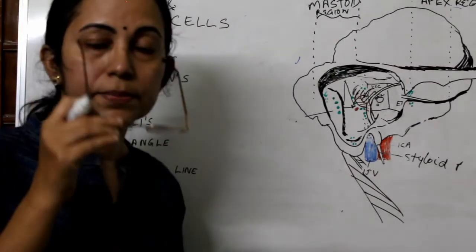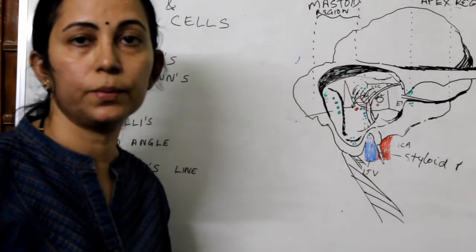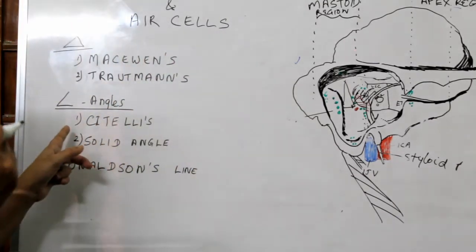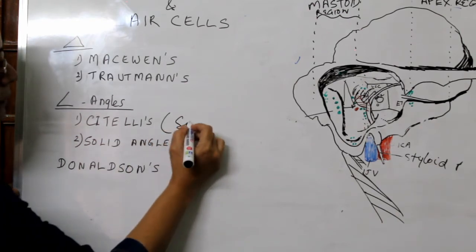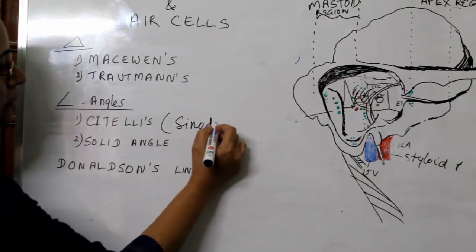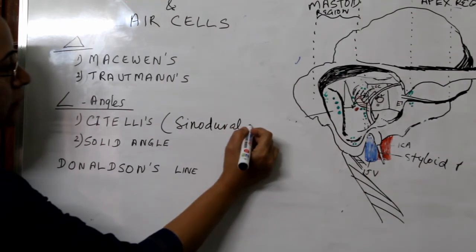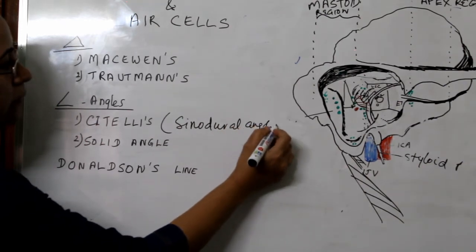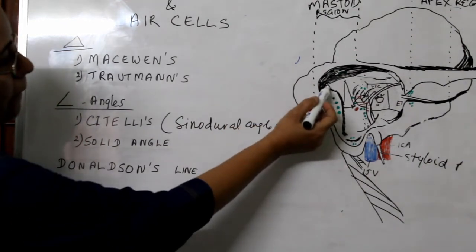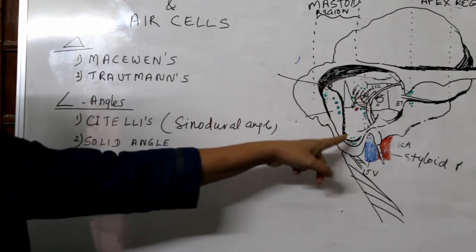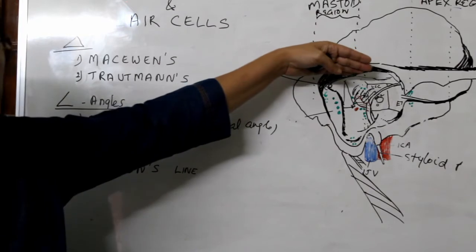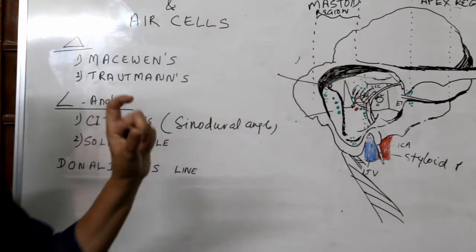The angles related to mastoid are, one is Citelli's angle or the sinodural angle. It will come here, this part, between the sinus plate and the tegmen plate, sinodural angle.